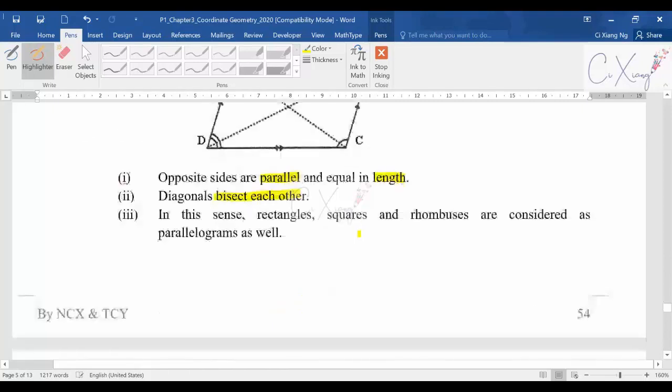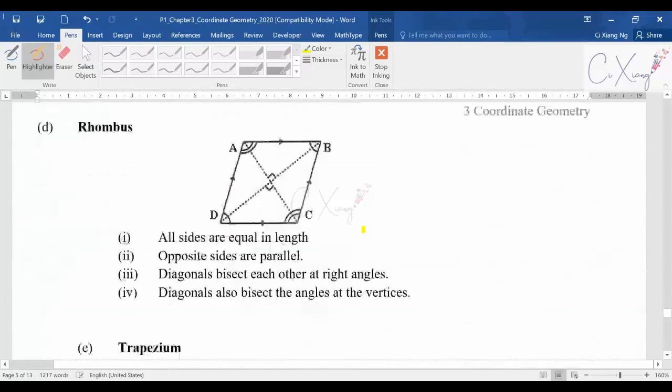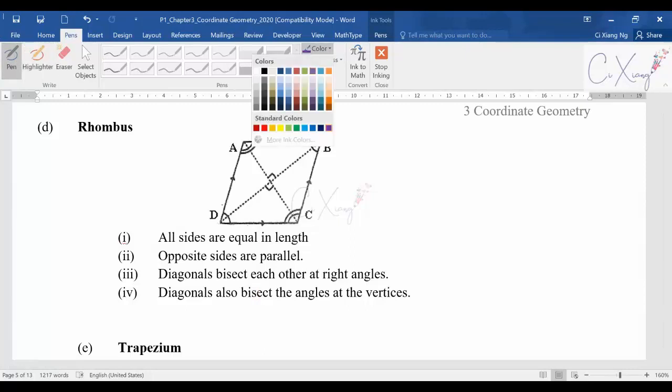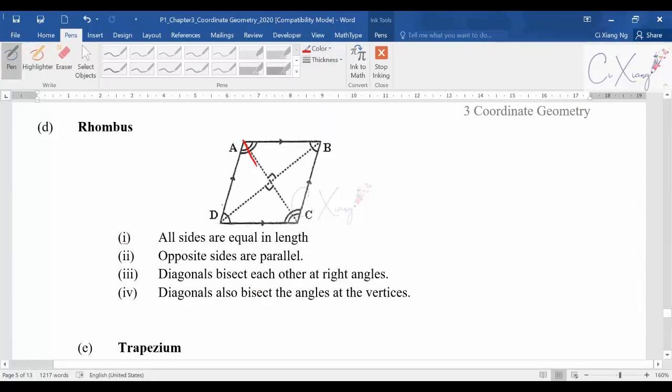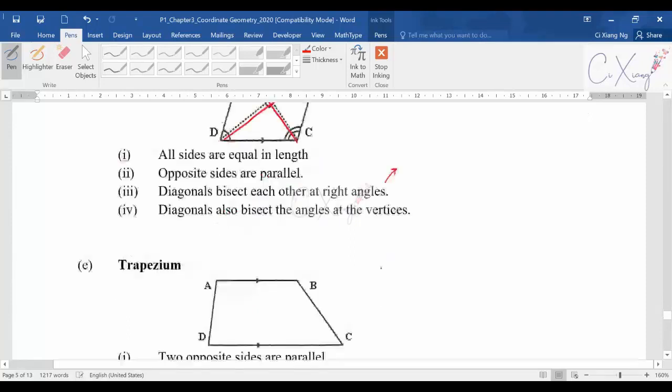Okay, so for all the properties here, I'm not going through them in detail with you. You have a look here. All the properties are listed down. So you can just try to have a look. And then for rhombus, there is one special one. For rhombus, there's one special property. The diagonals bisect each other, and also they are 90 degrees to each other. So that means you have one extra property for rhombus.